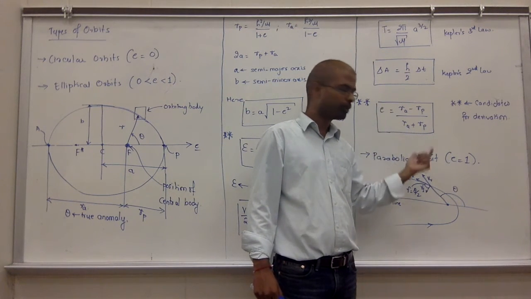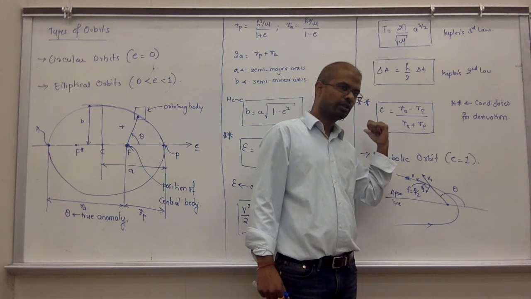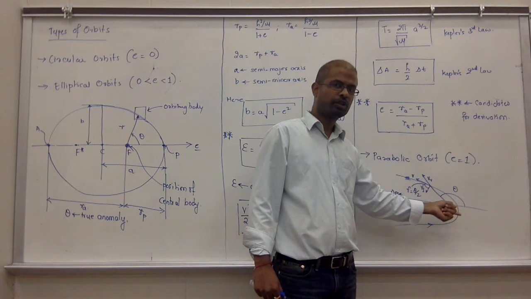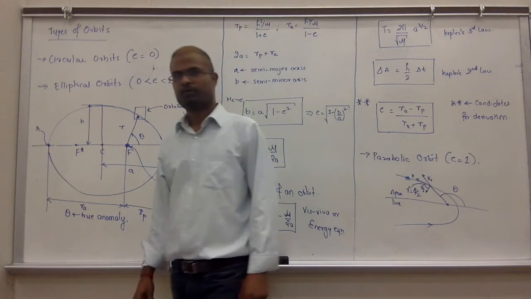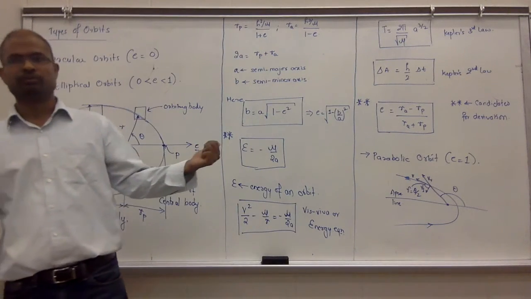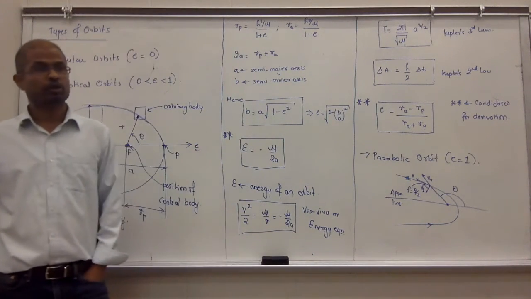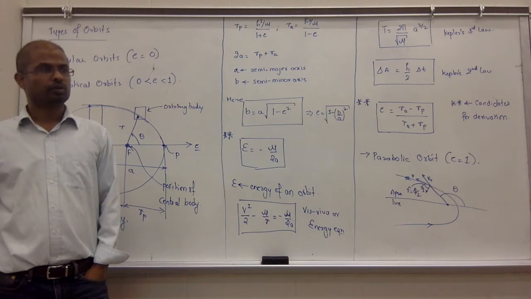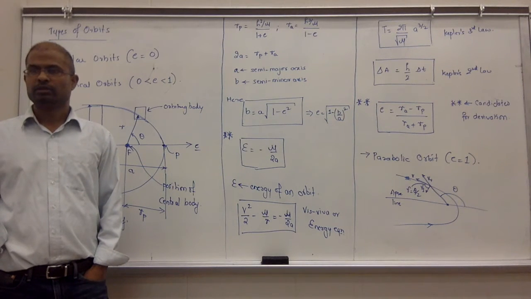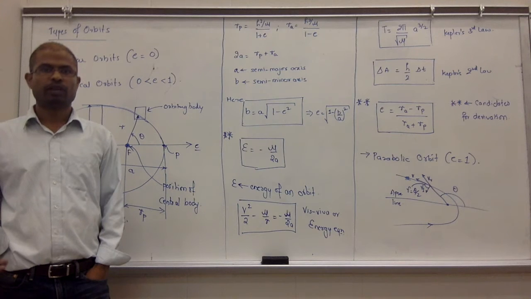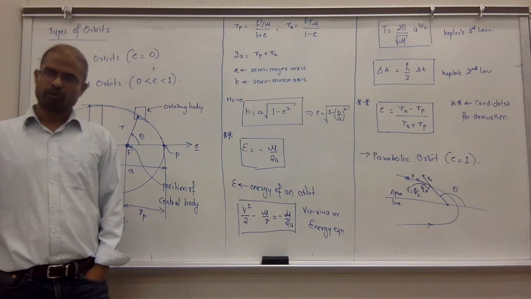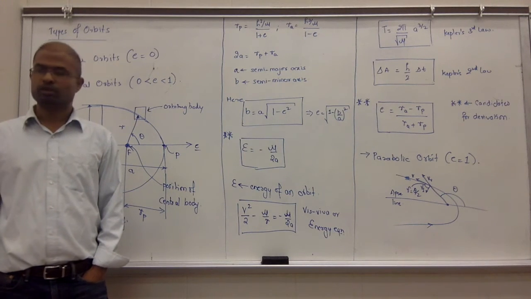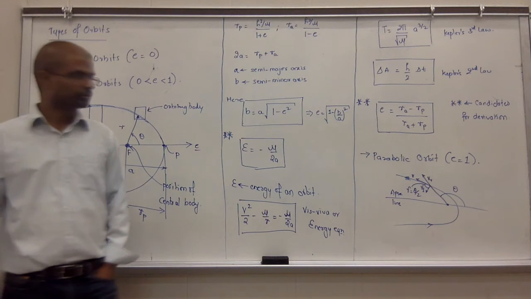The relative motion between the orbiting body and the central body ceases to exist. This is the lost in space problem. The lost in space problem is a parabolic orbit. You are going nowhere at this point. If you don't have any fuel, there is no way you can get out of that. So you go into oblivion.